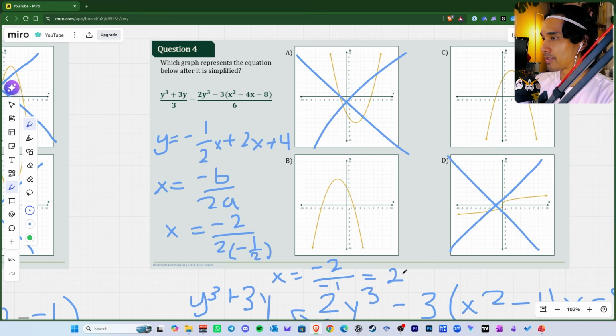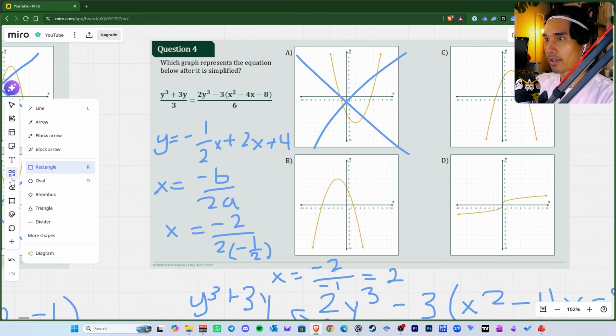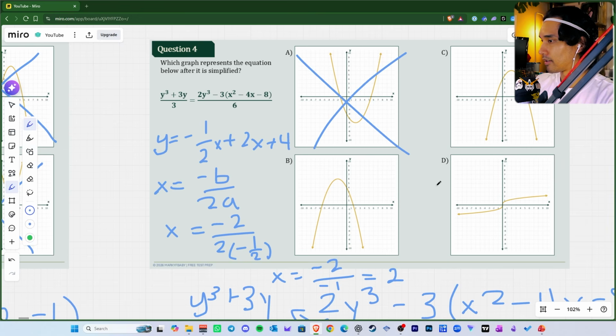Now I must put this 2 back into the equation. I'm just going to write on top of D, because I do not want to move around right now. So I have y is equal to negative 1/2, and then 2, squared, plus 2, plus 4.